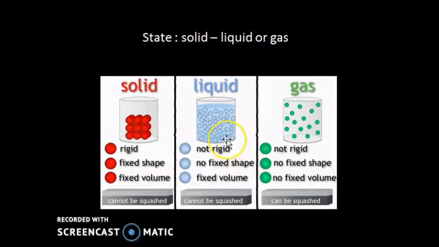As a liquid, water would still be H2O, and as water vapor, as a gas, the molecule will still be H2O. So in the definition, I mentioned that there would be no change. So the H2O is in a solid or liquid or a gas state, yet it's still H2O. So that's a physical property.